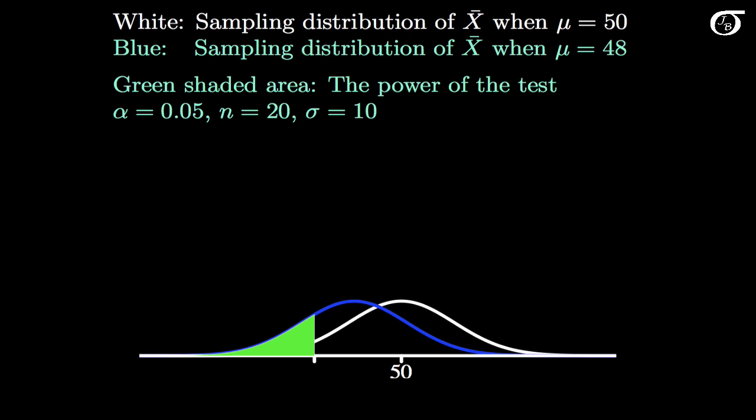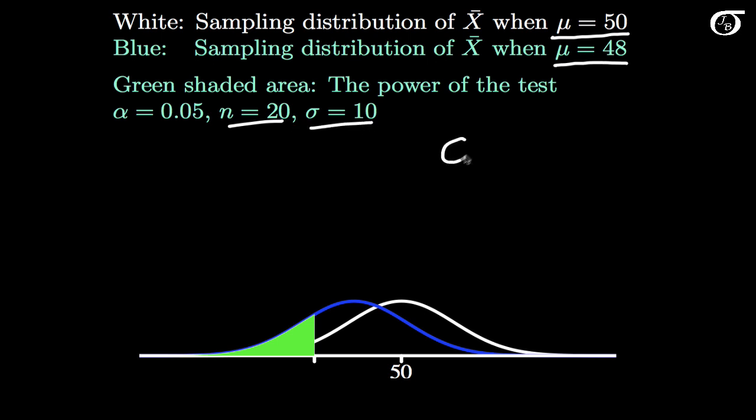Here again, the white curve represents the sampling distribution of x bar when the null hypothesis is true, and the blue curve is the sampling distribution of x bar when mu is actually 48. The green shaded area is the power of the test when n is 20 and sigma is 10.